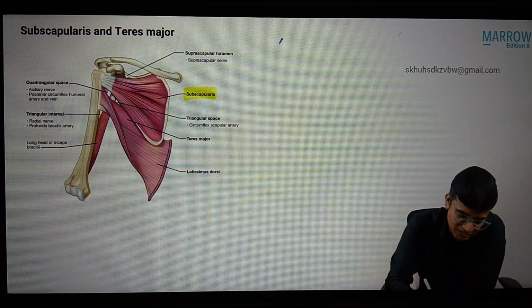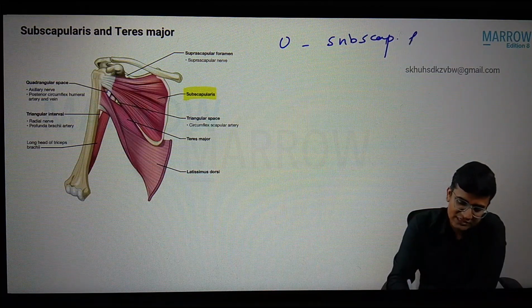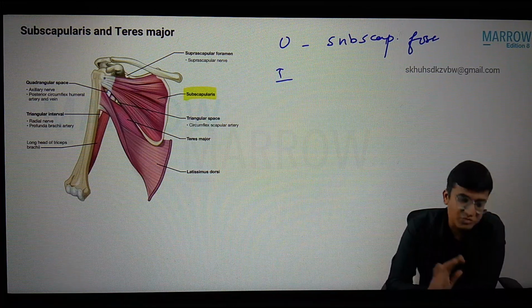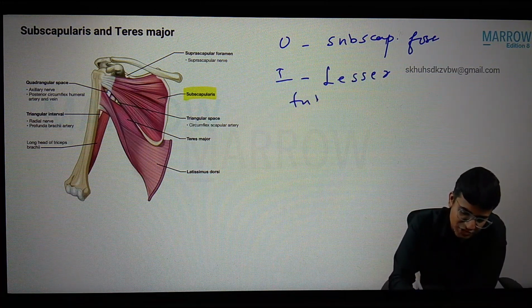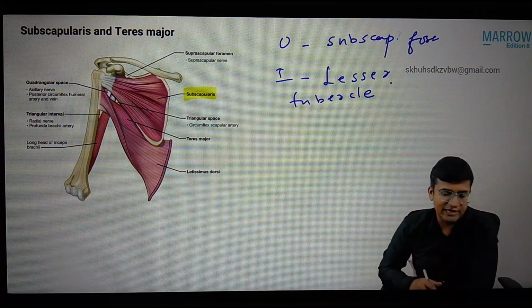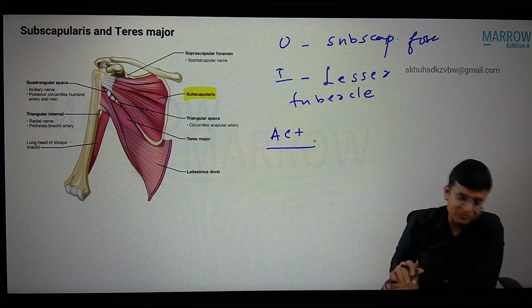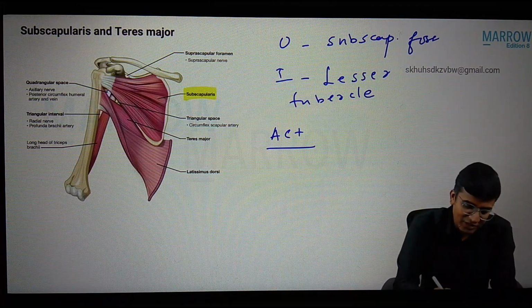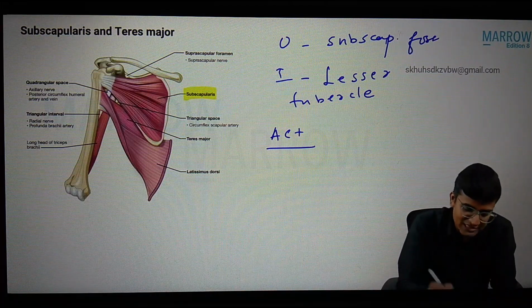The subscapularis muscle originates from the subscapular fossa. Very simple. What about the insertion? Insertion to one small tubercle, the lesser tubercle. Now, what is the action of this muscle? The origin point is from the subscapular fossa on the front side, attached to the lesser tubercle.